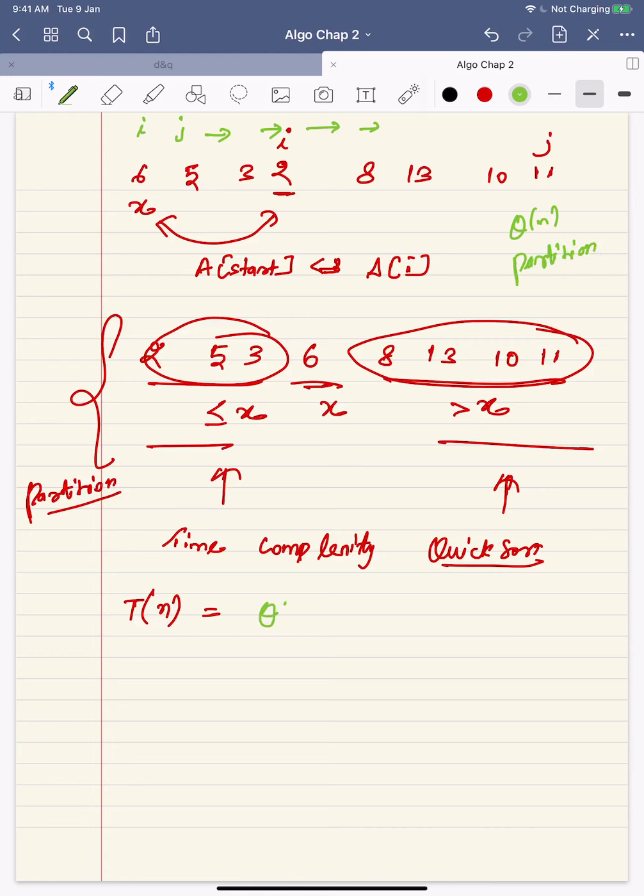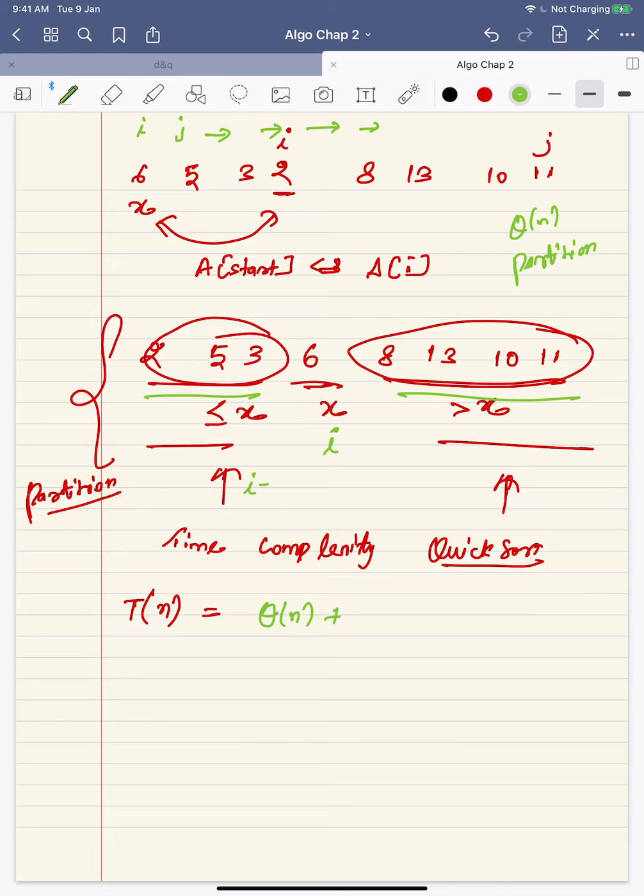So there is a theta n complexity plus. Now you are doing the conquer part. You are recursively going into two subarrays. Now let's see what are the complexity for both the subarrays. Okay, now this is where it is different from merge sort. You see the two subarrays need not be equal in size, like need not be roughly n by 2, n by 2. And what will this depend on? So let's say this is the index I. Okay, so what will be the sizes of the two subarrays?